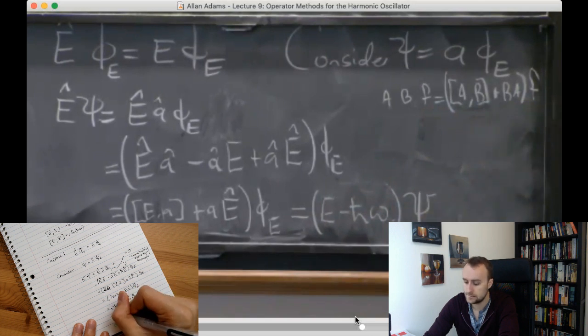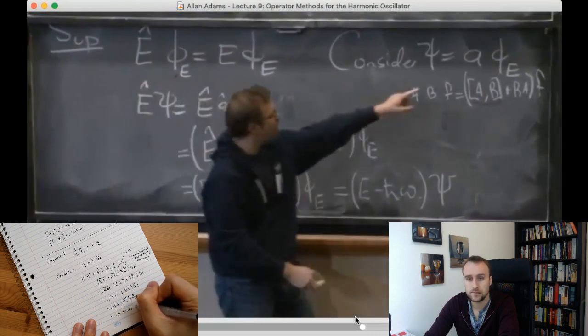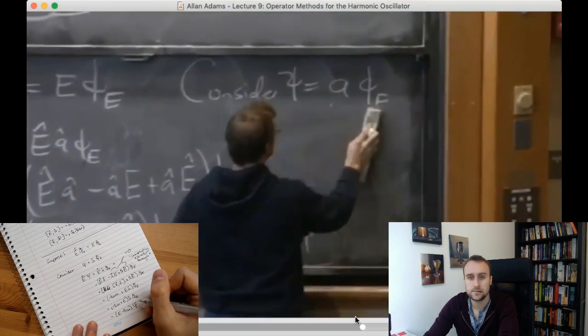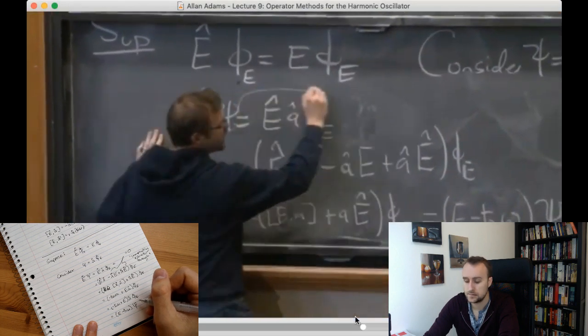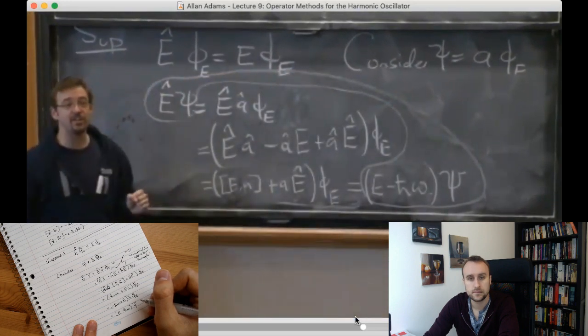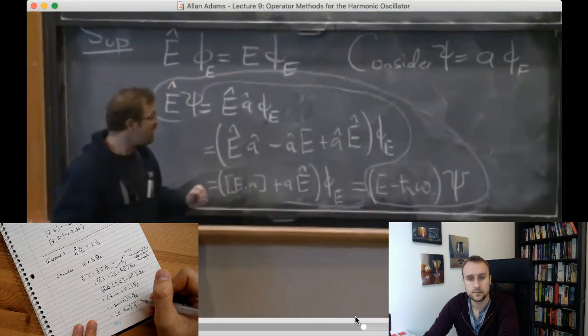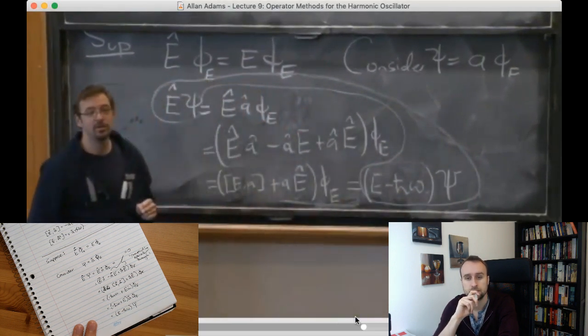Well, that's cool. If I have a state with energy E, and I act on it with the operator A, I get a new state psi, which is also an eigenstate of the energy operator, but with a slightly different energy eigenvalue. The eigenvalue is now decreased by h bar omega. Cool?